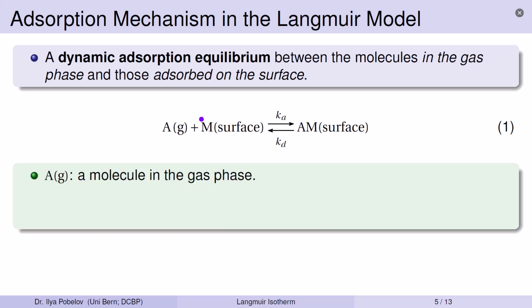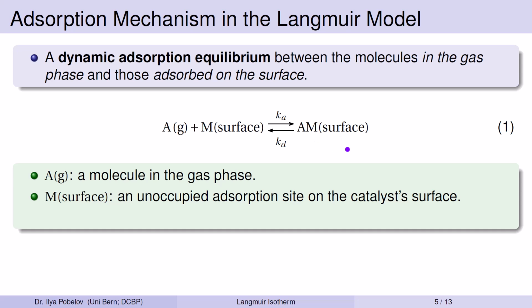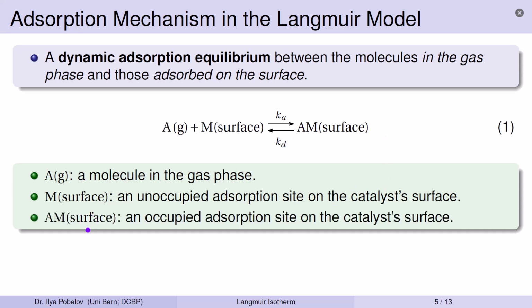Here, A(g) represents a molecule in the gas phase, while M(surface) denotes an unoccupied adsorption site on the catalyst surface. When a molecule A adsorbs onto the surface, it occupies a site, forming AM, which is the occupied adsorption site.